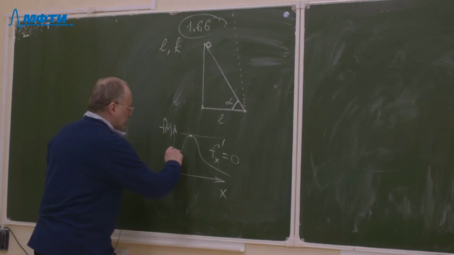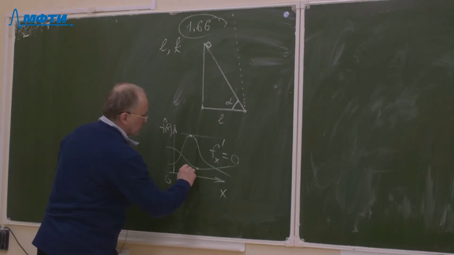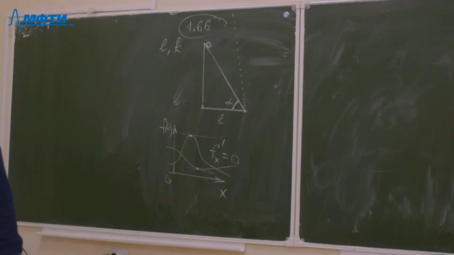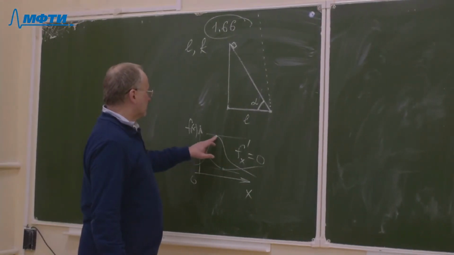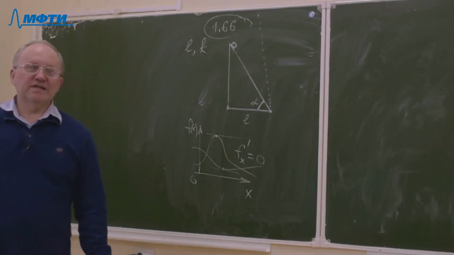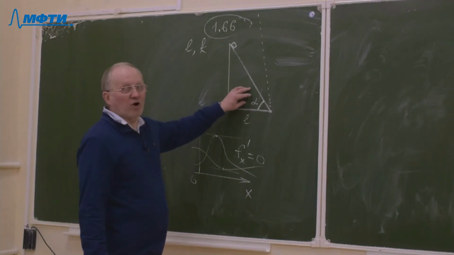The same goes for the minimum. If you have a minimum of some function, the derivative here will be 0. So in these extremal points, either minimum or maximum, local minimum or local maximum, the derivative must be 0. That's the main idea to solve this problem.